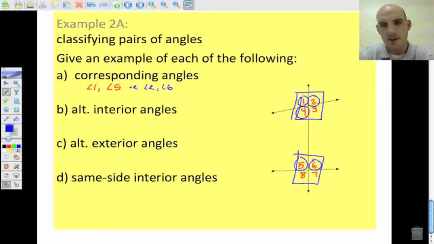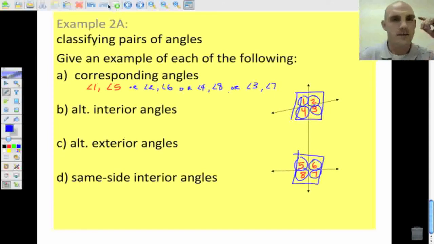The bottom left goes with the bottom left. So I could say angle 4, angle 8. Or I could say bottom right with bottom right. I could say angle 3 and angle 7. Okay? See how that works? Alternate interior angles.